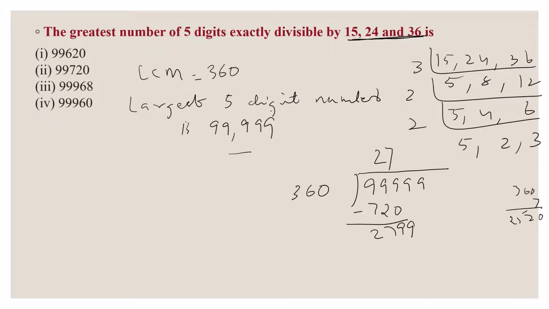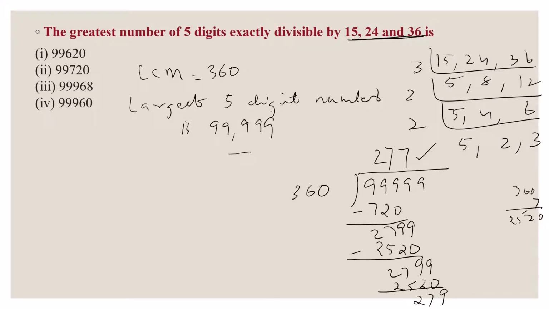So we can go for 7. 2520, subtract, and bring down. Again 7 will go, 2520, and the remainder will be 279. And what is the quotient? Quotient is 277.